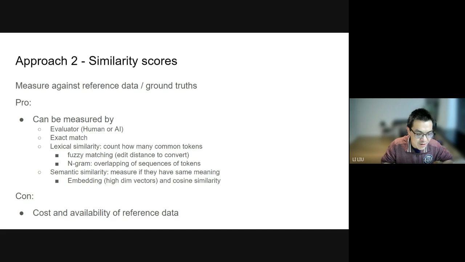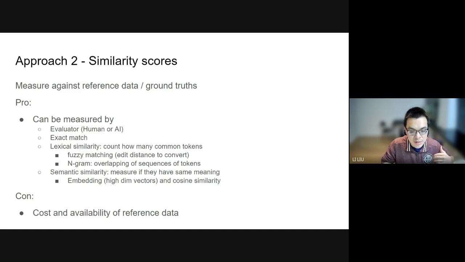So that's why a more common method is semantic similarity, to measure whether it actually has the same meaning or not. Because in the end, we care more about whether the meaning is closer to our desired output or not. And to do that, there's a very common technique called embedding.